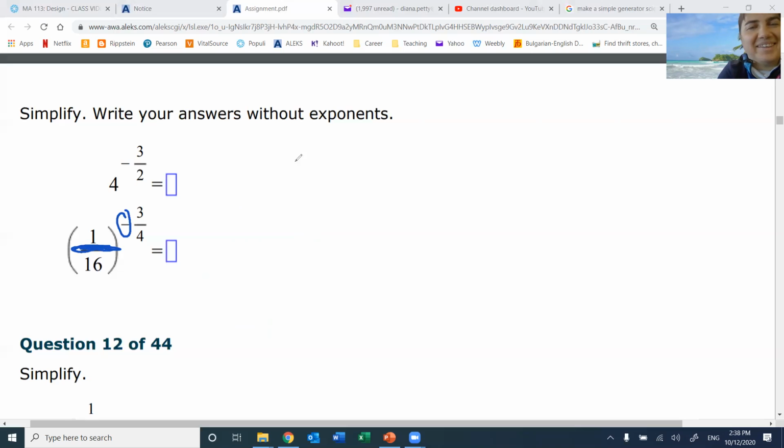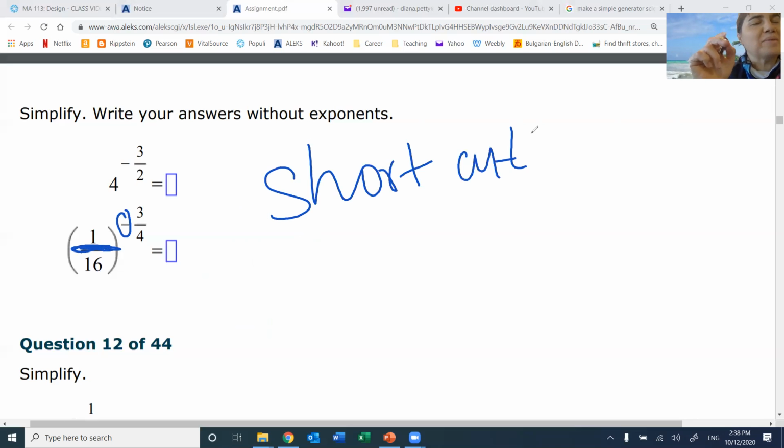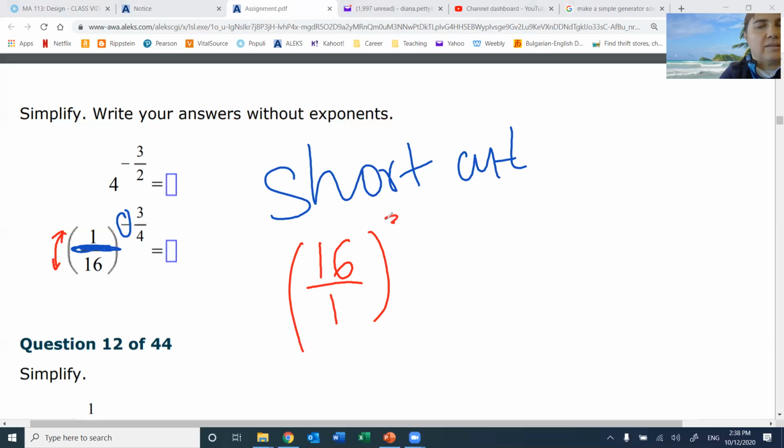If you flip the fraction, it's going to be a positive. What is it called? When you flip the fraction. There's a name for it. Oh, reciprocal. Yeah, you can do the reciprocal.